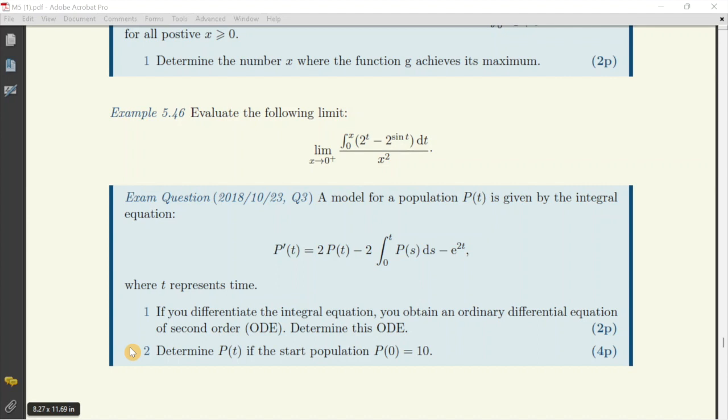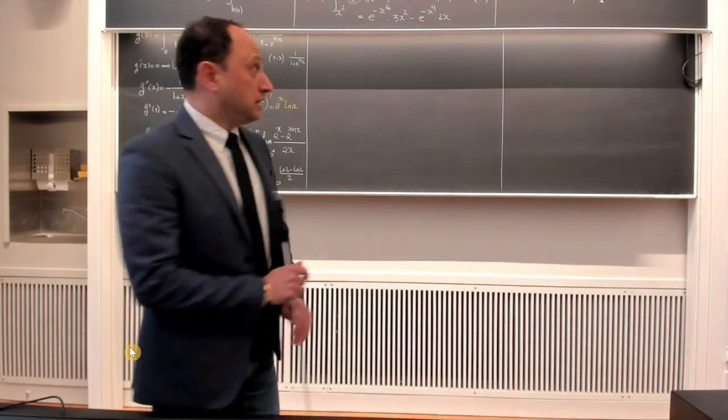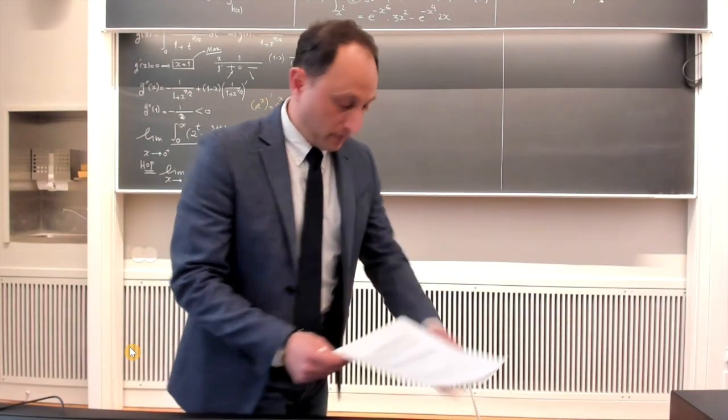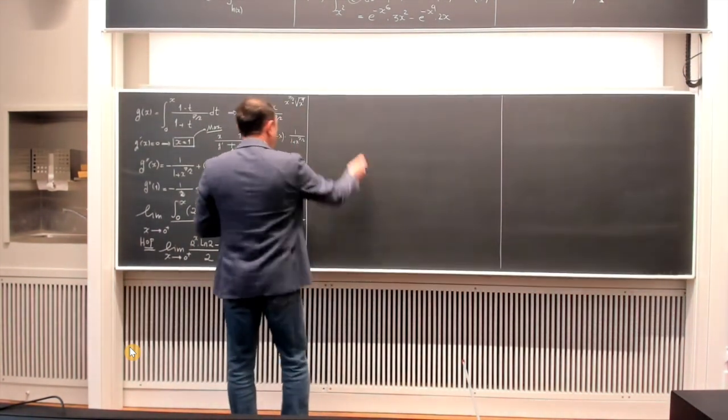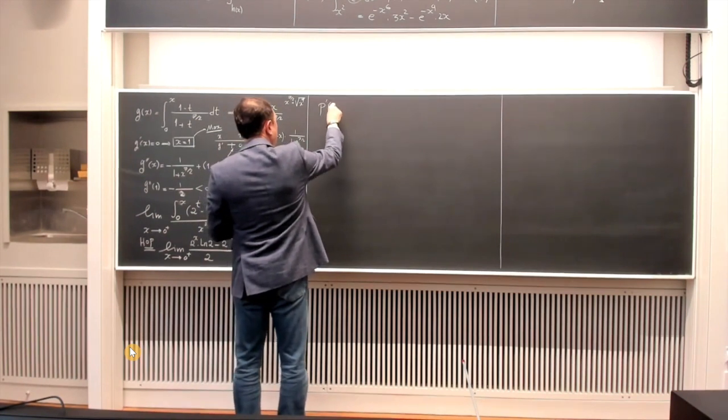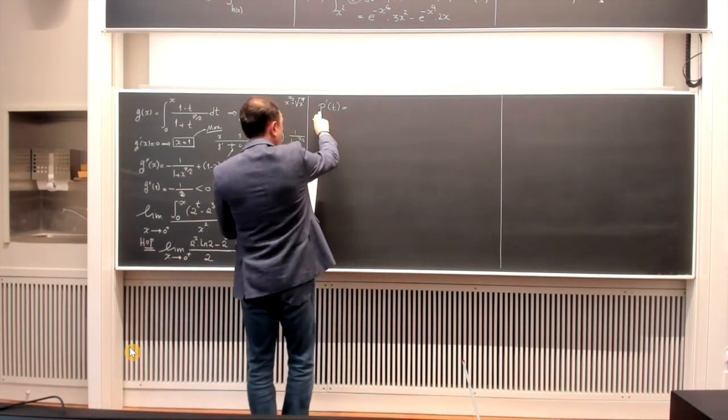So let us just try to solve this together. Okay, so let us switch back again. So let me write the equation here for you. P prime of t, so the number of people is a function of time.